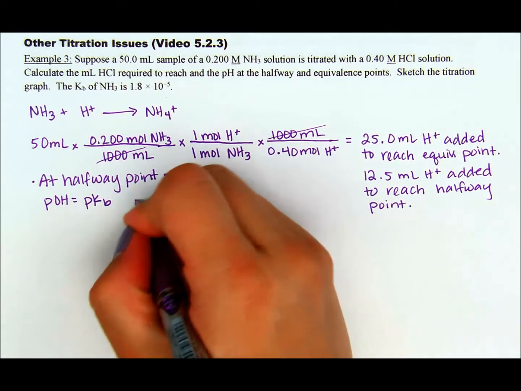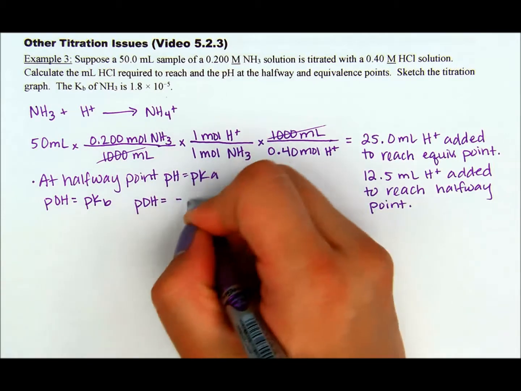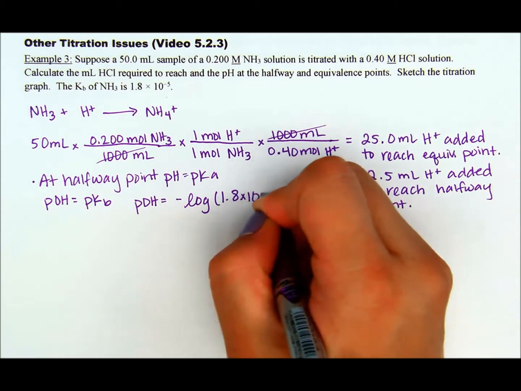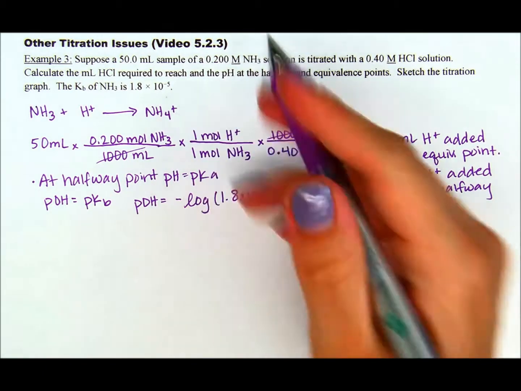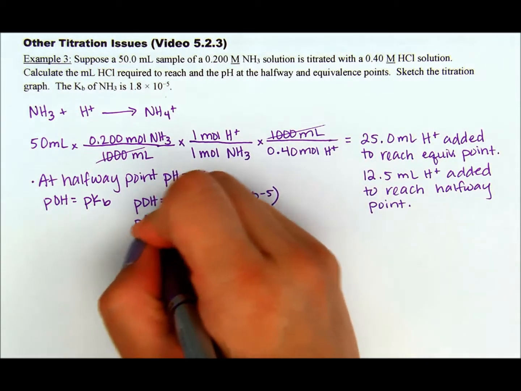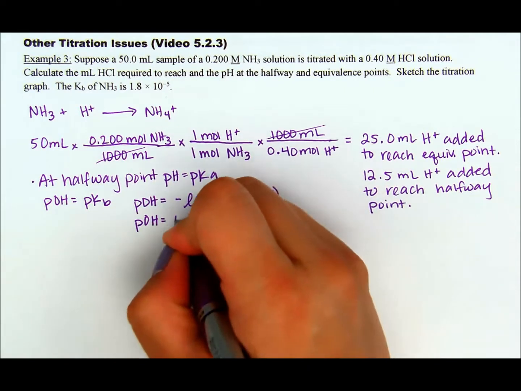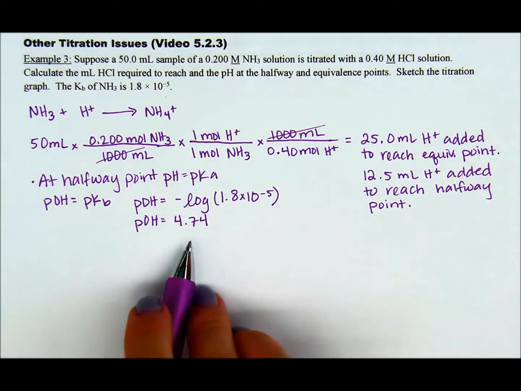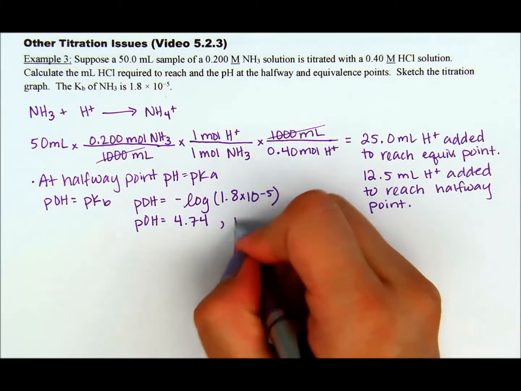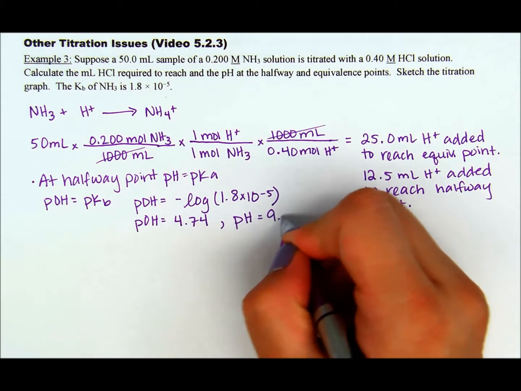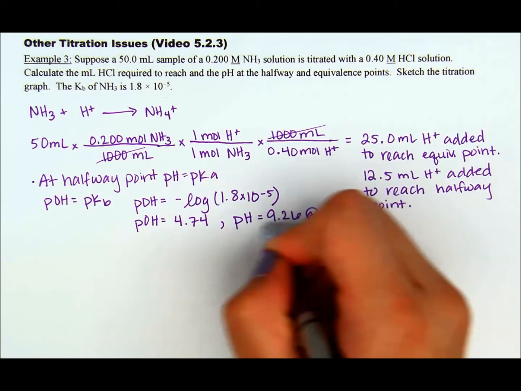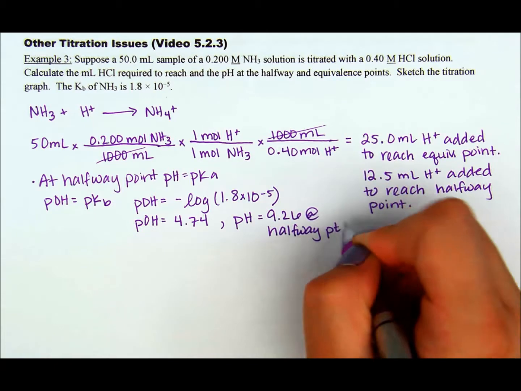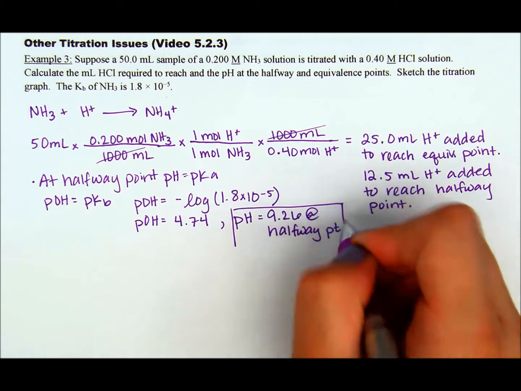And so our pOH equals the negative log of 1.8 times 10 to the negative 5. And that was given to us above right here. So pOH equals 4.74. And 14 minus 4.74 will give us our pH. So pH equals 9.26 at the halfway point. Okay, so that's our first pH.